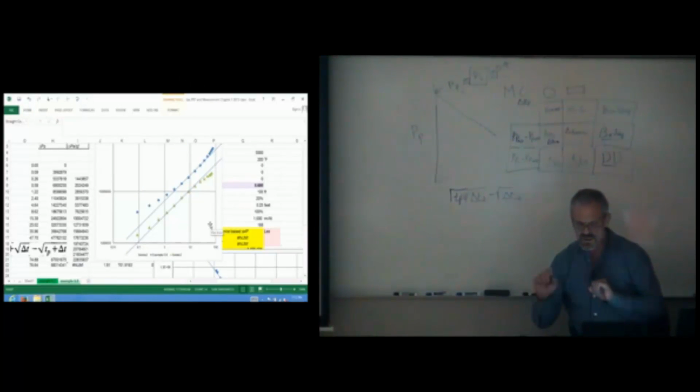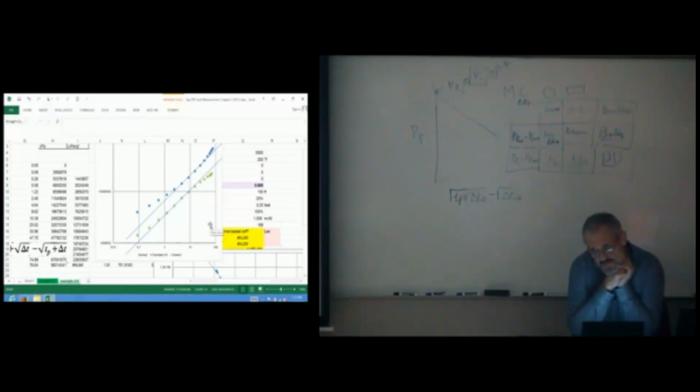Okay, do you see that we can utilize the information we got on the drawdown, that using the radial derivative, we get half slope during the linear flow regime, and we get half slope during the pressure derivative, radial pressure derivative.